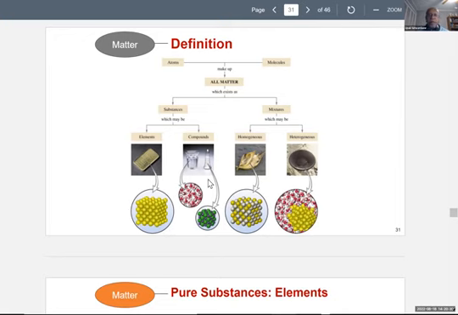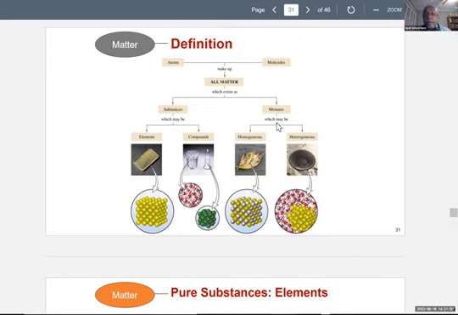Elements have only one kind of atom. Molecules have more than one type of atom. Mixtures are made from pure substances. They are a mixture of two elements, or a mixture of an element and a compound, or a mixture of two compounds, etc. Mixtures have more than one pure substance.